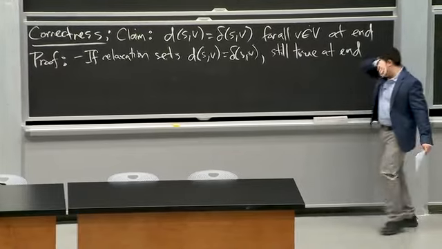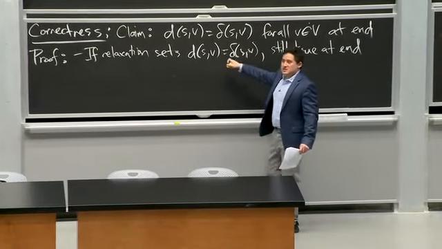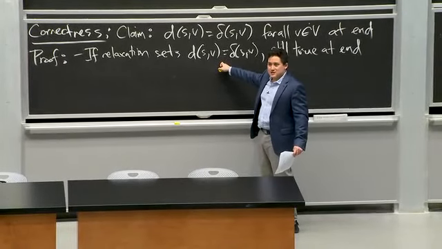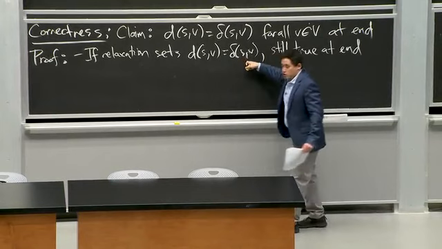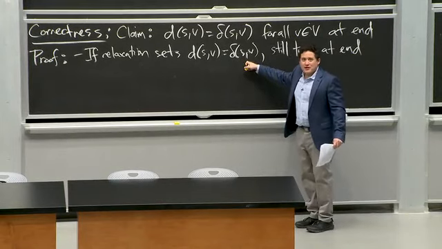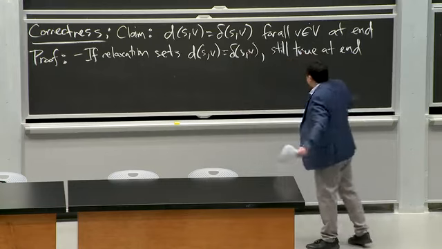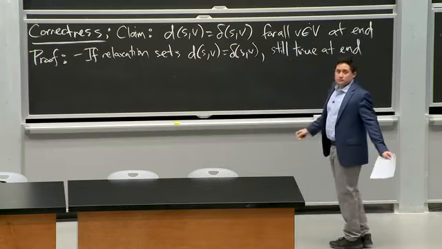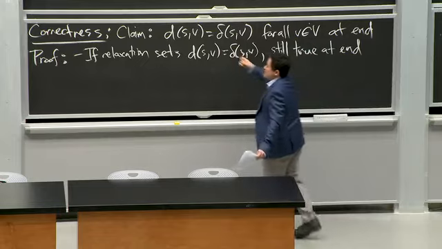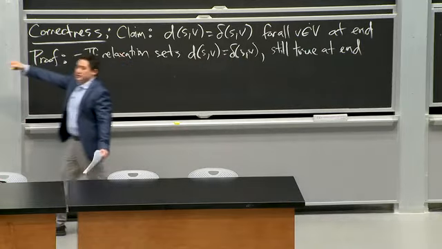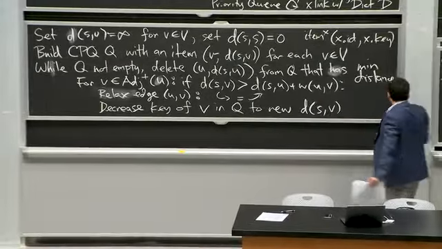Okay, that's not a very strong statement, right? This is saying if I ever set the distance estimate to the true distance, I'm never going to set it to a different value later on. And why is that? Well, relaxation only ever decreases the distance, right?